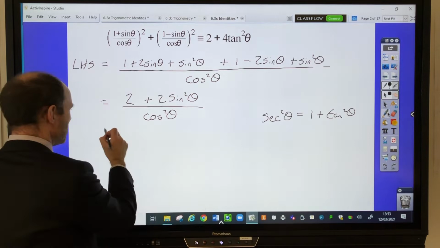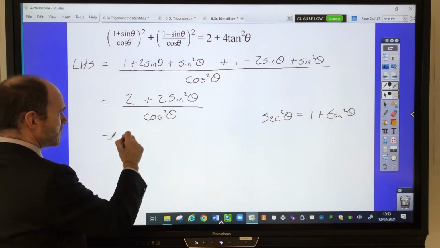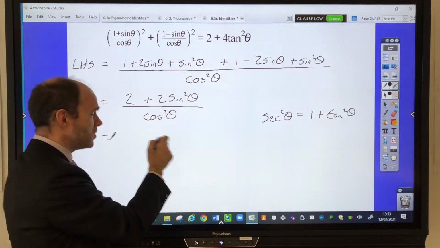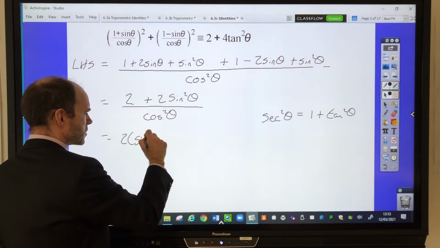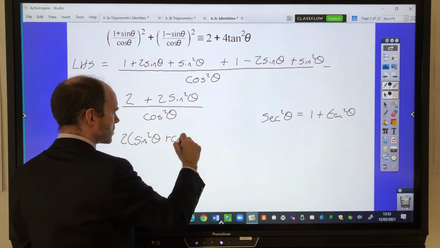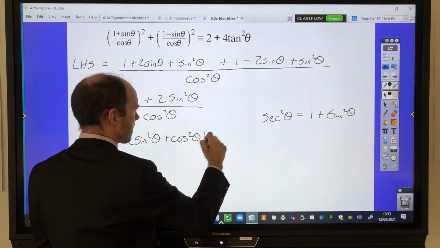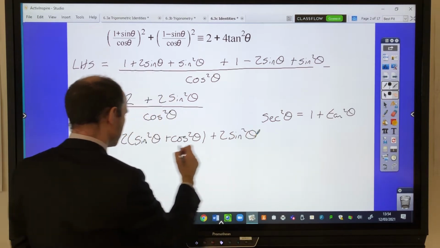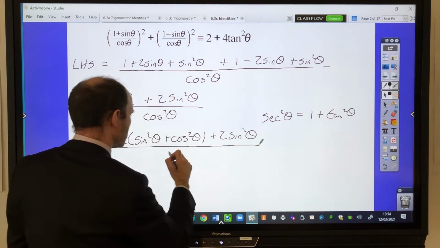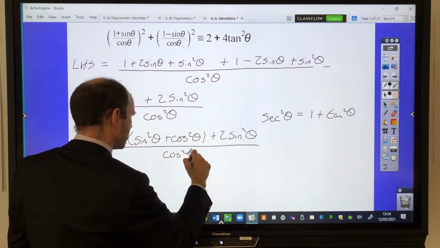So what I'm going to do is insert here the number 2 as 2 lots of sine squared theta plus cos squared theta. Okay, and just see what happens. See what I can do with that. So that's all over cos squared theta.